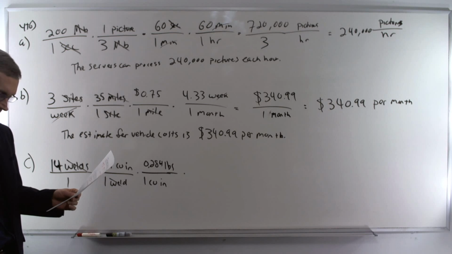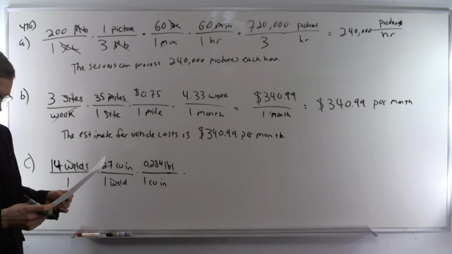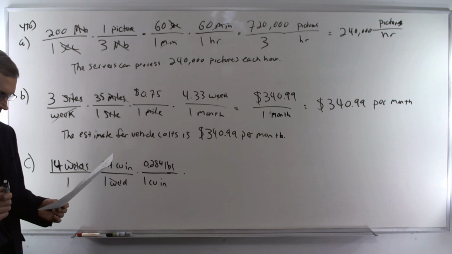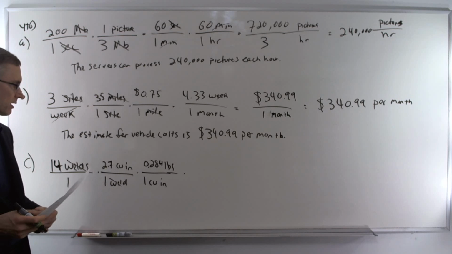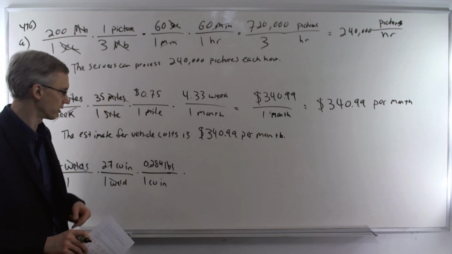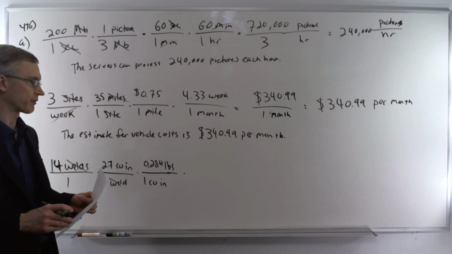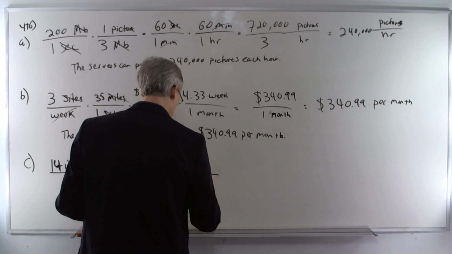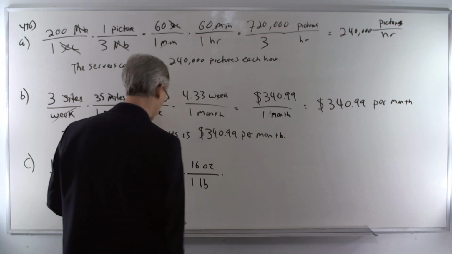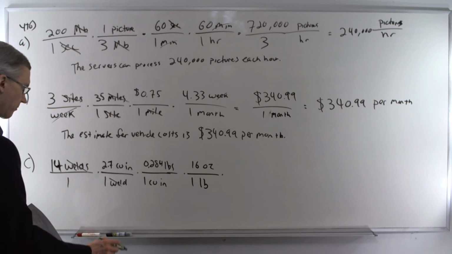Now we're getting there, but the rod weight is given in ounces, and our density is in pounds per cubic inch. So that means we're going to have to convert pounds into ounces. So 1 pound, 16 ounces.